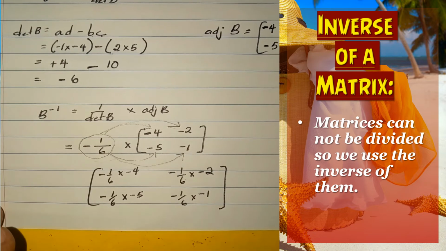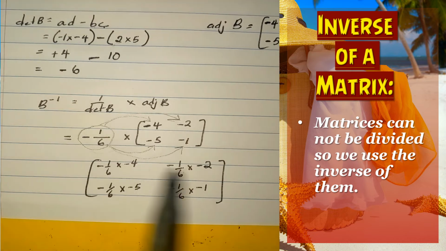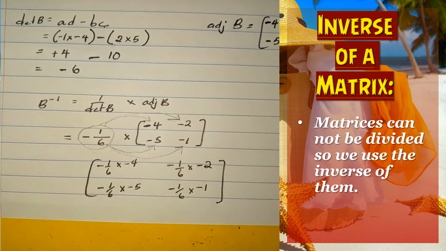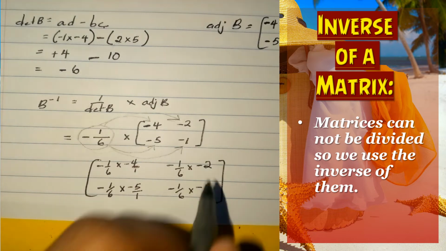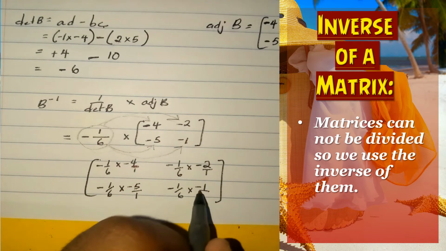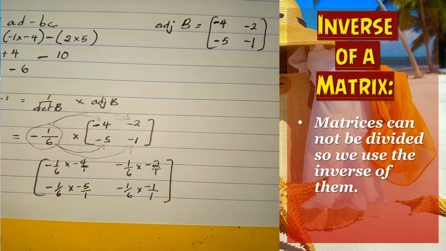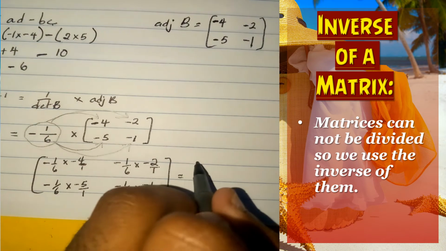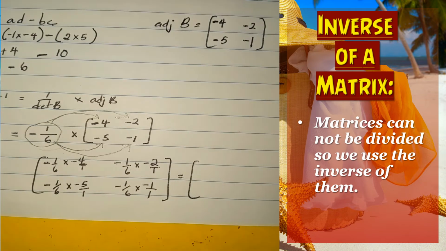Now, because it's fractions and it's easier to work with fractions, I'm going to convert all my whole numbers here into fractions by dividing them by 1. So it becomes easier for me to work with. And then I can simply multiply them across. Negative times negative will give me a positive.